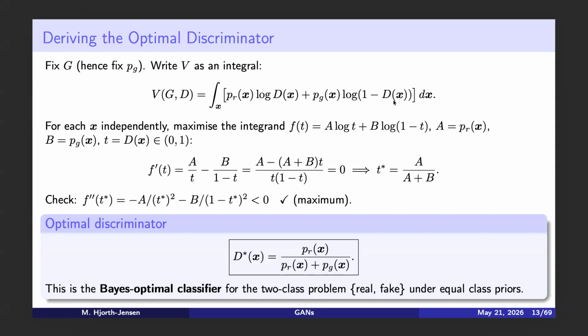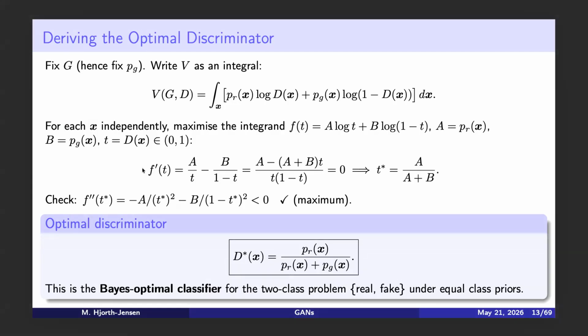And then we have 1 minus D here. If you look at each X independently, you can maximize this integrand, where I have simply taken these terms and relabeled them as A log of t and B log of 1 minus t, where A is this probability, B is this probability, and t is just D of x.